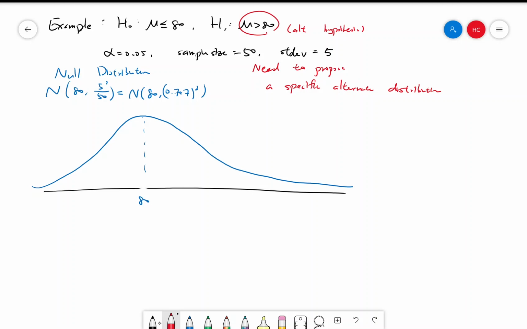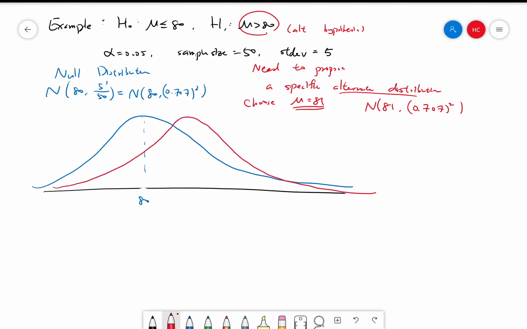So in this case, let's choose mu to be 81, which is greater than 80. If mu is 81, then the alternate distribution will be the normal distribution with mean 81 and the same standard deviation as the null distribution. So this is our alternate distribution.